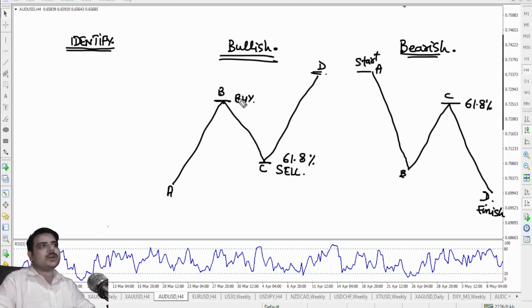So once you identify the bullish or the bearish, because at the same time there will be both present in the market.